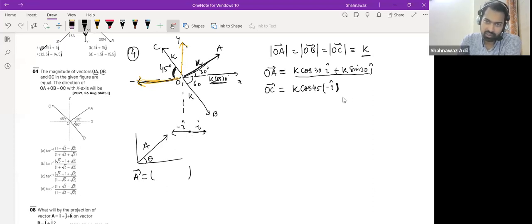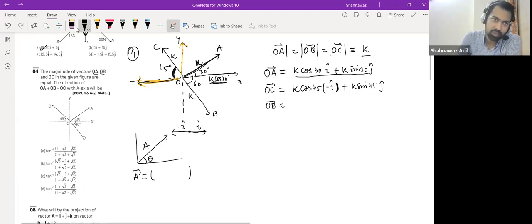And then we will have K sin 45 J, because this is in the positive J direction. Okay. And then what do we have? We have OB. Akif, you tell me what is the OB vector. Remember that OB is this.